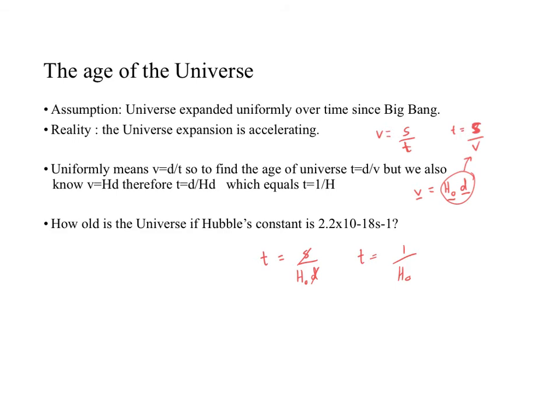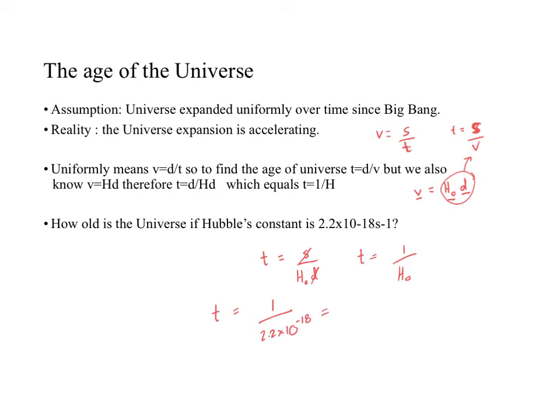I also mentioned before that Hubble's constant usually has a range of values because the distance is not measured very well. But if we use the Hubble's constant we calculated already in this video, then we can say that's 1 over 2.2 times 10 to the minus 18.